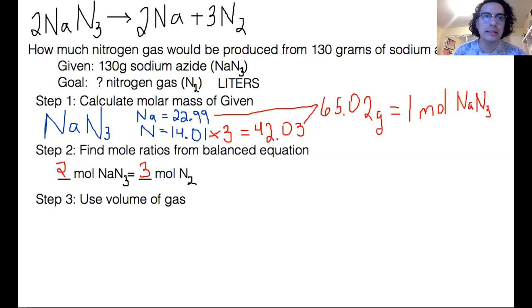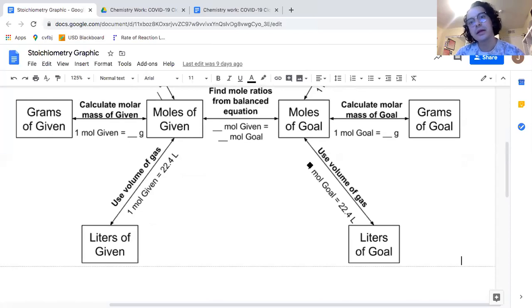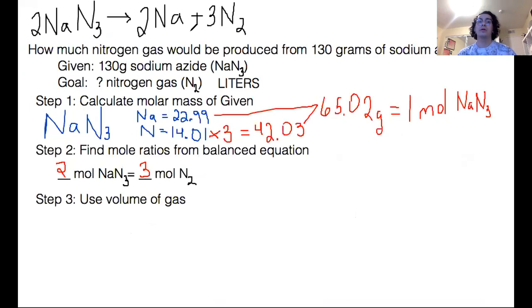Now step 3, this is the one that's the most straightforward because you just need to memorize a certain thing. Use volume of gas. Whenever you see use volume of gas, all you need to do is 1 mole of gas is 22.4 liters, and that's it. Because every mole of any gas will take up 22.4 liters if certain conditions are met, but don't worry about that.